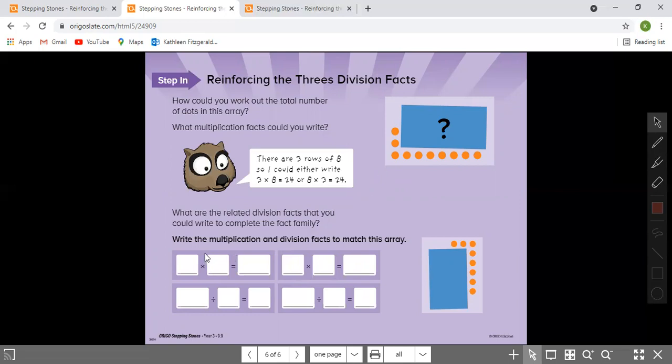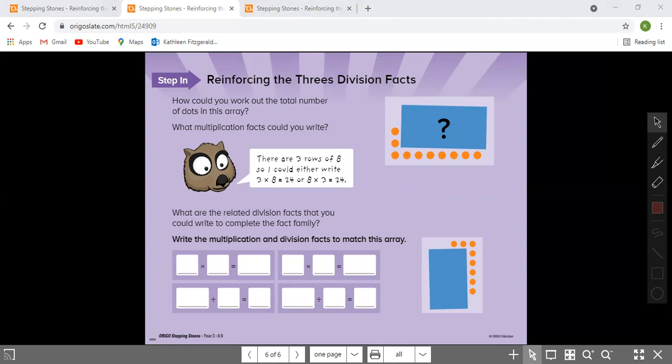How could we write that? Well, rather than try and write it in there, I've actually put it over into our work over here. We have got 3 groups of 8. So we could write 3 times 8, and we know that is 24.